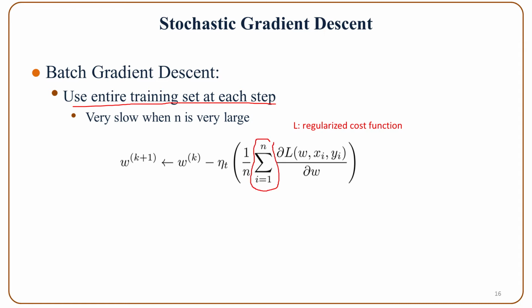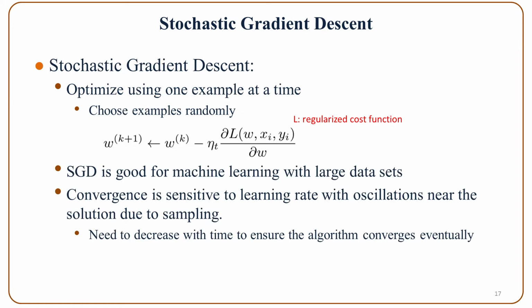If the data is very large, then you have to compute this sum through the whole training set. With stochastic gradient descent, we optimize using one example at a time, and examples are chosen randomly. So looking at here, we don't see the sum anymore.